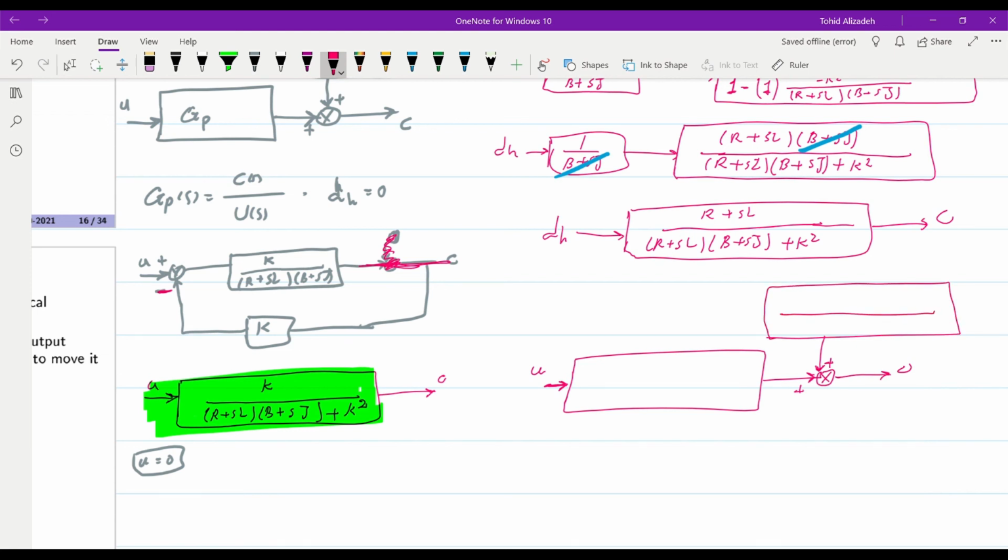We have the same transfer function that we obtained here, R plus SL over (R plus SL)(B plus Sj) plus K squared, for the disturbance, dH, and for the process we have K over the same denominator, (R plus SL)(B plus Sj) plus K squared.